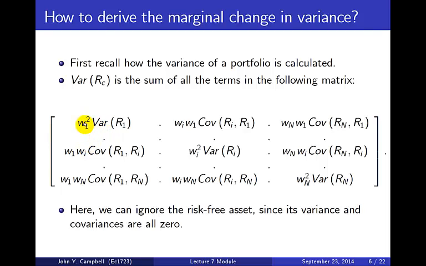The first column is going to be these covariances with W1, and the nth column is going to be the covariances with Rn, and so on. And of course the diagonal elements of the matrix are the squared portfolio weights times the variances. All right, so these are all the terms. We add all these up, and that gives us the overall variance of the portfolio. Now notice here that we're ignoring the risk-free asset because it has a 0 variance and 0 covariances with anything.